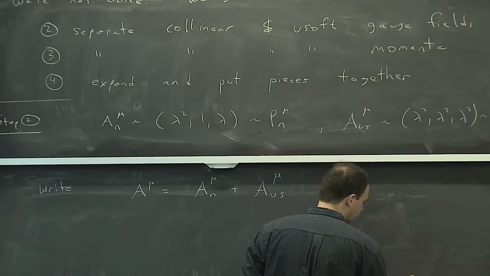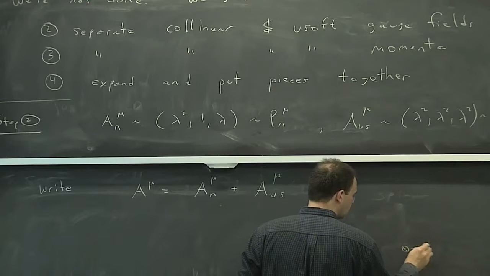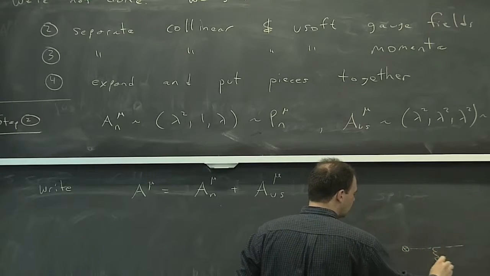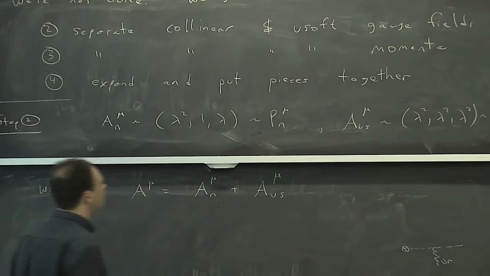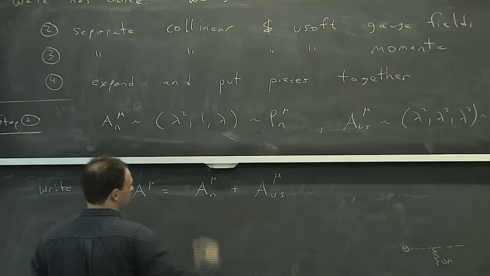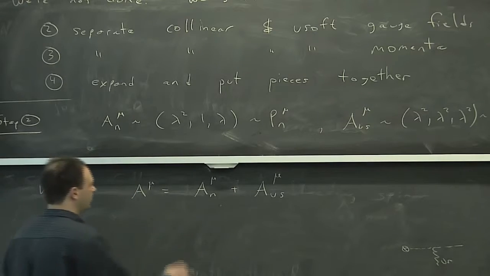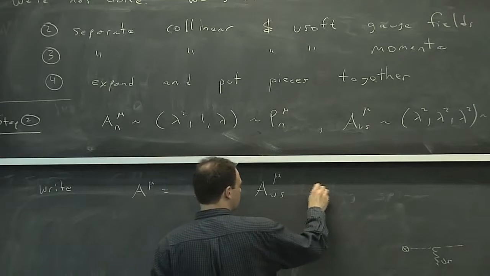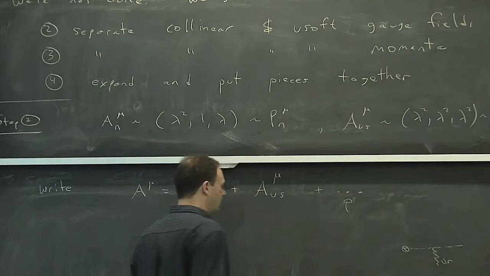So if we drew Feynman diagrams before, we had this one, and we had this one, ultra-soft, collinear. And we just consider one at a time, so we could just think of adding them. And that's kind of almost true. It turns out that it's true up to some terms that we don't care about for the moment.